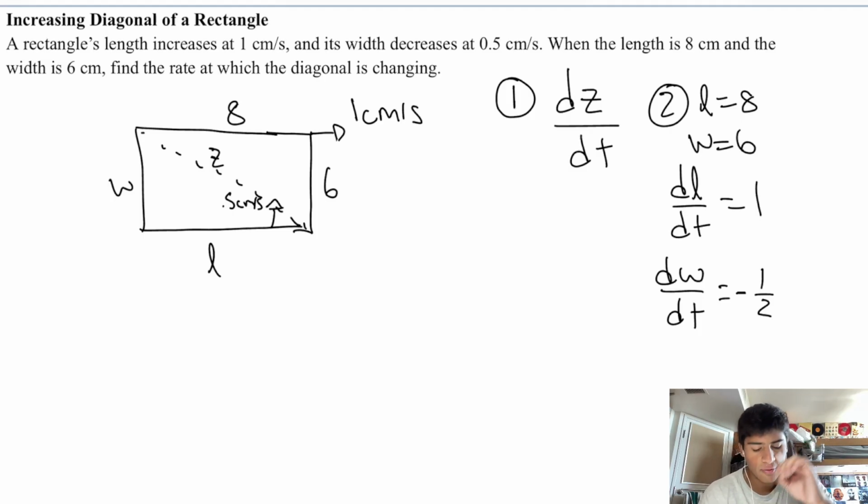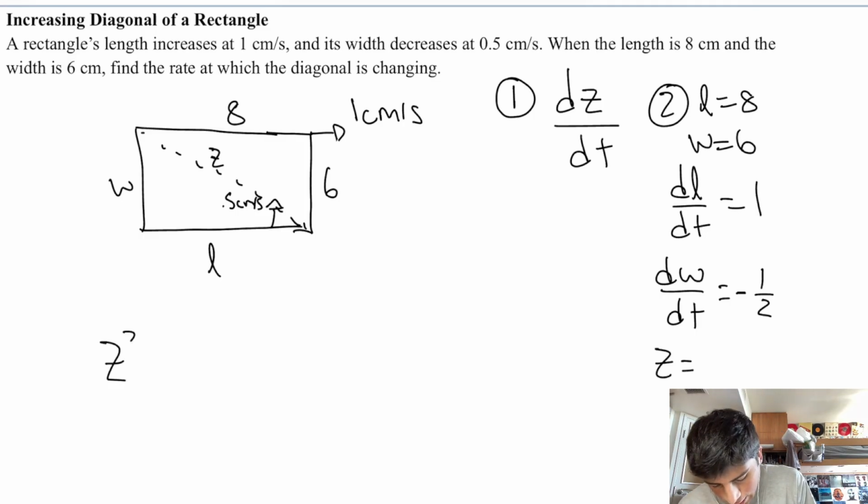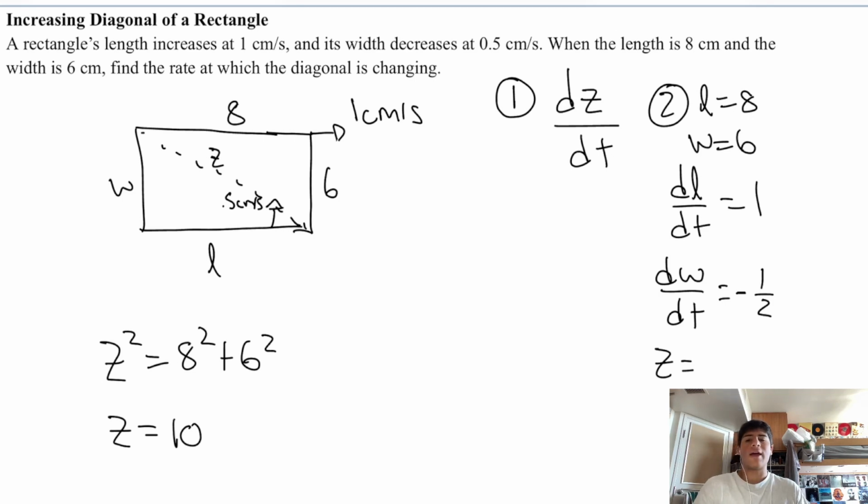So dw over dt is negative 1 over 2. We also know that at this exact moment, z squared equals 8 squared plus 6 squared, so z squared equals 100, z equals 10.